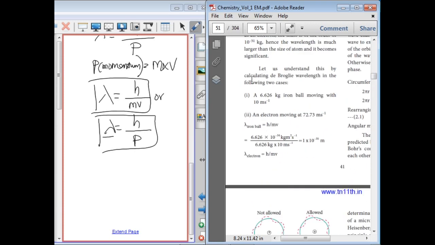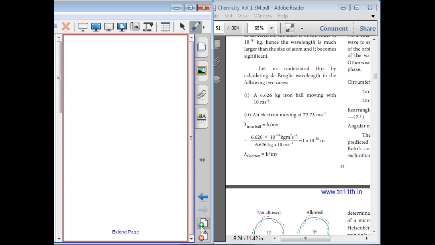For example, calculate the de Broglie wavelength in the following two cases. One is the iron ball, that is the larger particle. The second one is the electron. So what is the formula? Lambda equals h by m into v. h is the Planck constant, the value 6.626 into 10 power minus 34 kilogram meter squared second inverse.